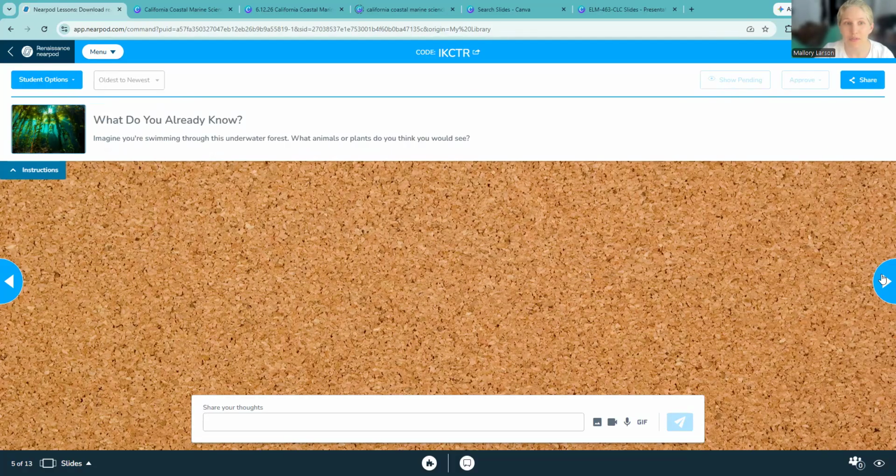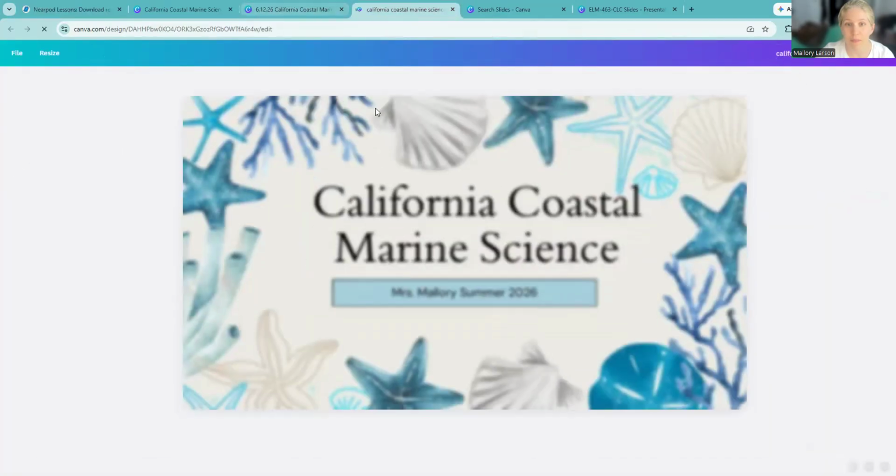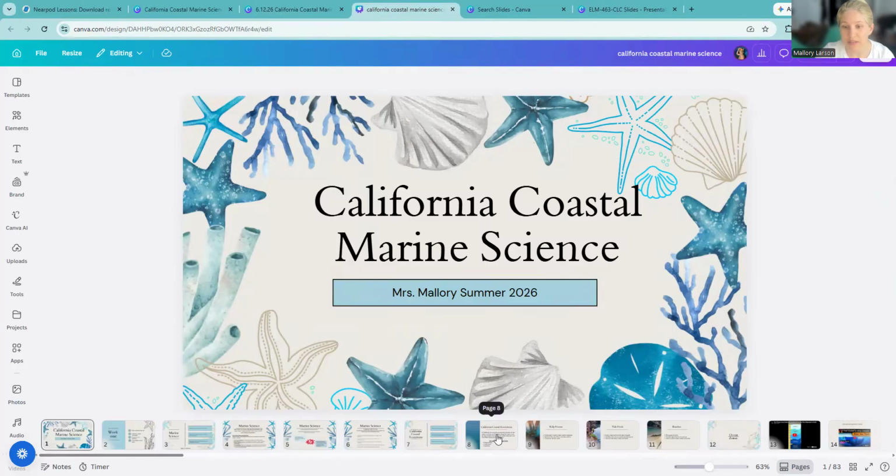So we are going to start off with, what do you already know? Going through our science lesson, I have slides that depict different parts of our California ecosystem in relation to our food web.